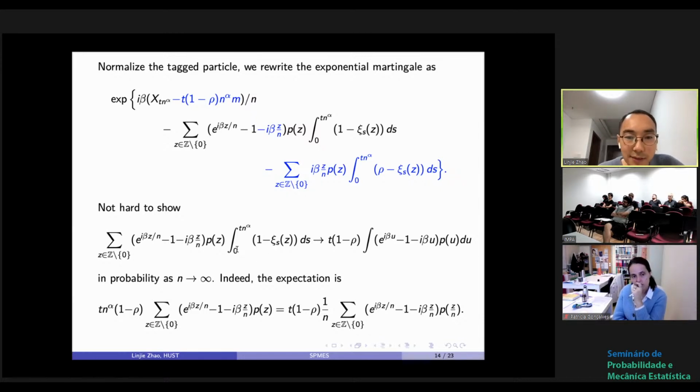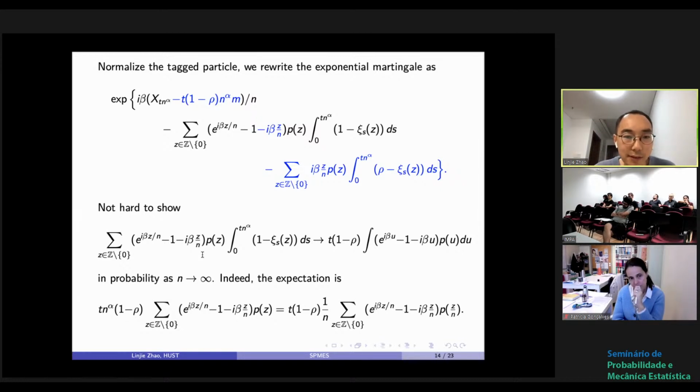We could show that the second line converges to this integral in probability. This is not hard to see if we look at the expectation of the second line. Because the process is stationary, we could replace 1 minus η_s(z) by 1 minus ρ here, and the time integral gives t times n to alpha.